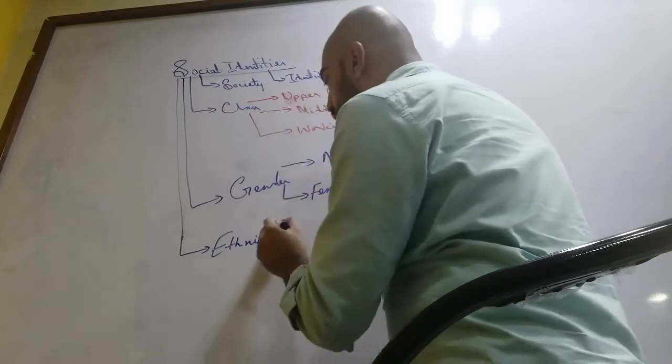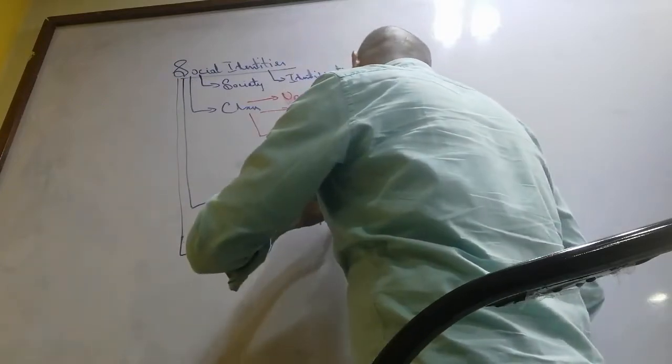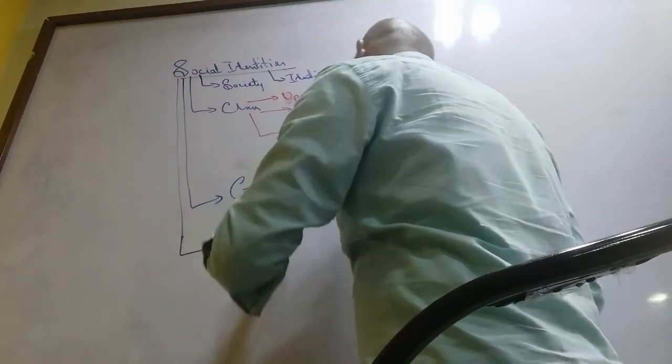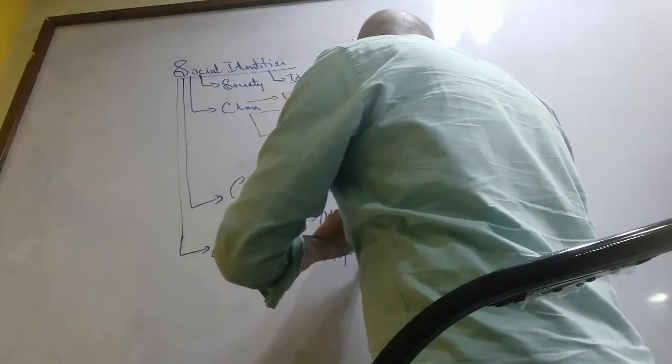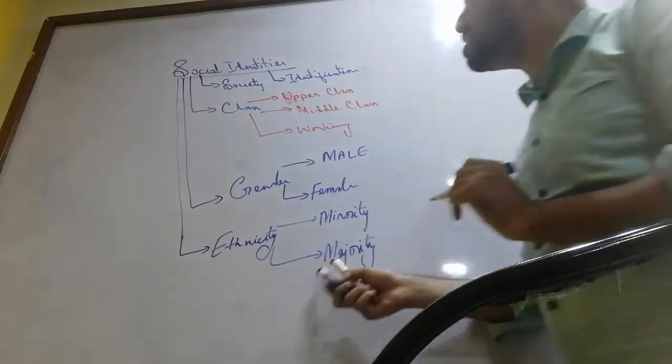Another factor behind social identity is ethnicity. Ethnicity refers to minority and majority, stereotypically.